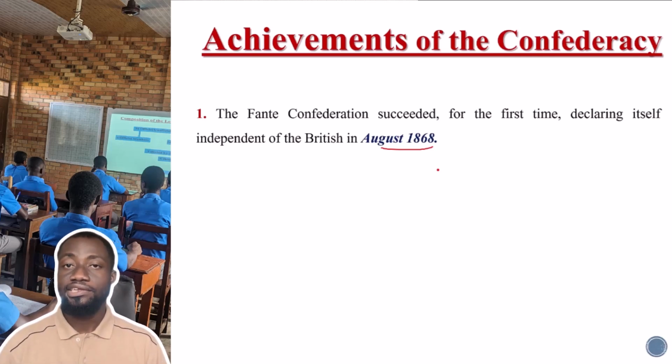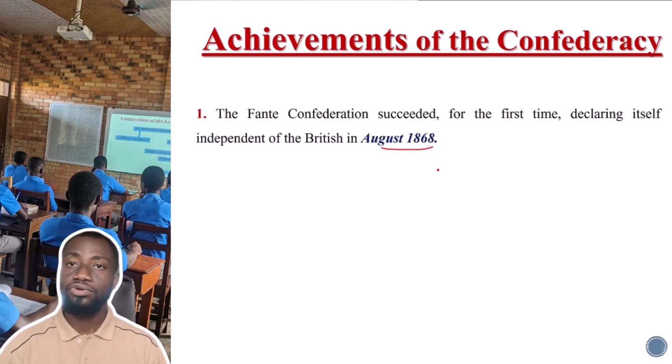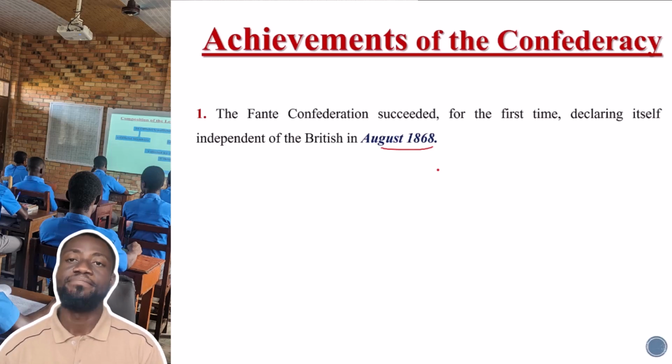Letters were written to the British after the Confederation was formed in Mangasim in 1868, and the Confederacy declared itself independent from British rule, and even sought support from the British in that endeavor. So for the first time, the Fantes were able to declare themselves independent.